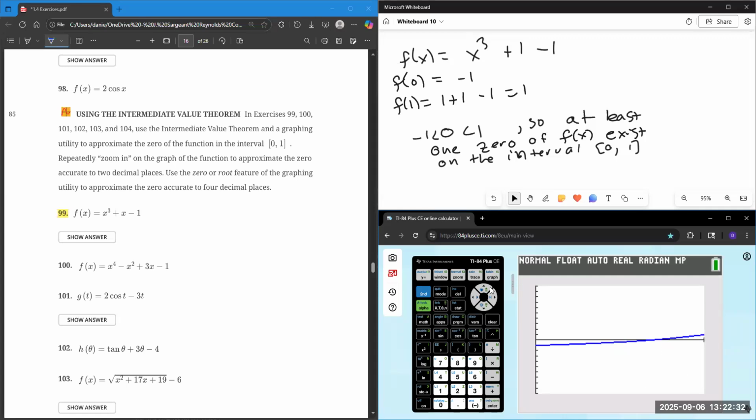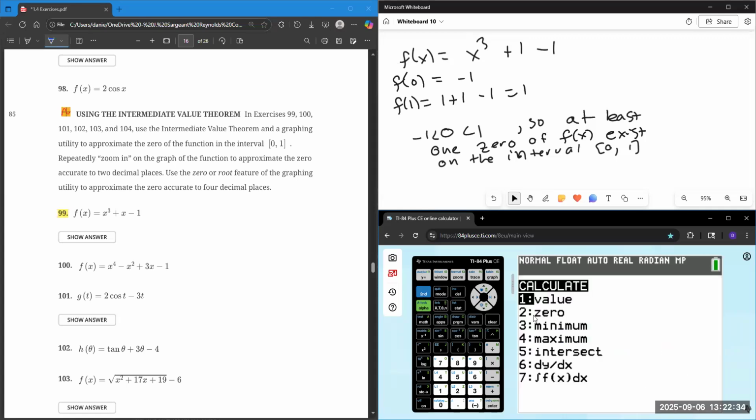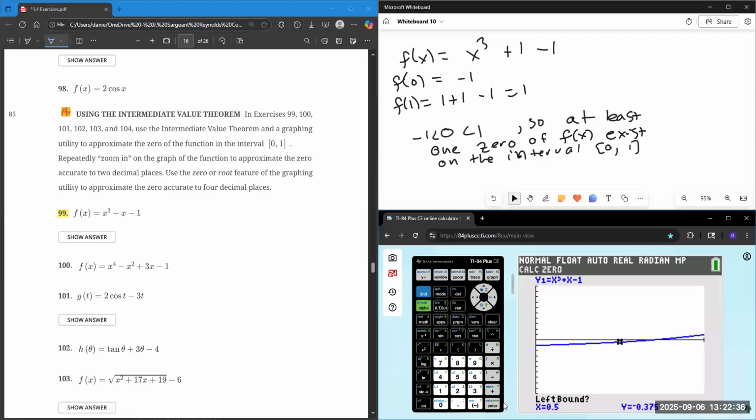It looks like there's only one x-intercept there, so second calc number 2, and we go to the left-hand side, the negative side, then to the right-hand side, the positive side, and then guess that it's right about there, and our 0 is approximately 0.68.